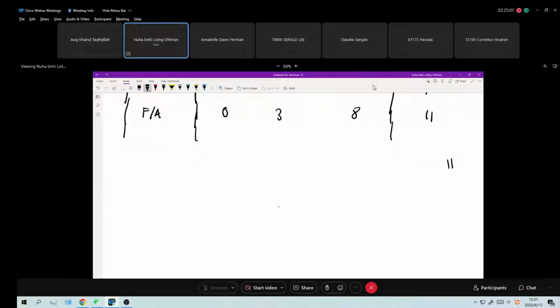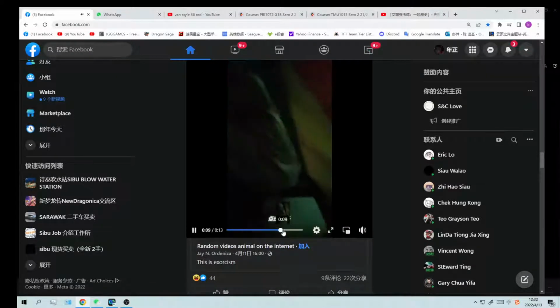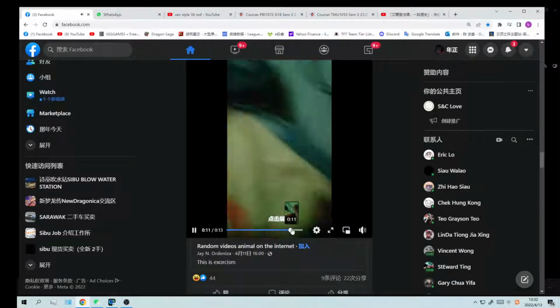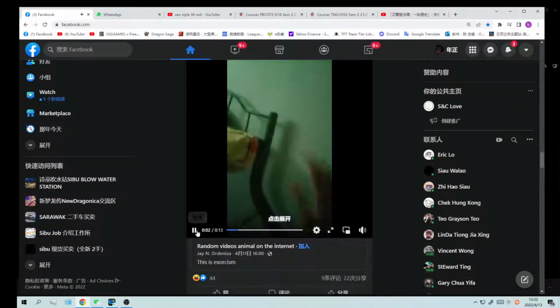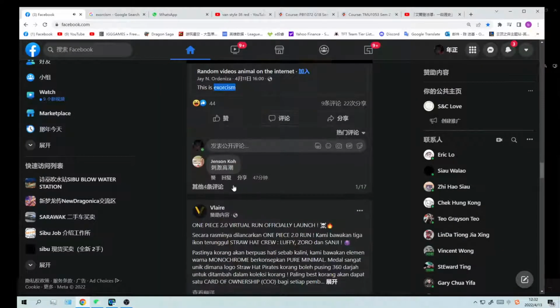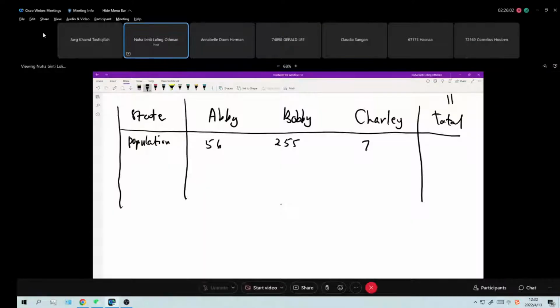And then next, as I said, near the end of the week, the mother asked the 3 kids to do some extra work. So for the state, which is Abby, Bobby and Charlie, and this is the total population. Abby's extra work makes 54 become 56, Bobby's 243 becomes 255 and Charlie's becomes 789.